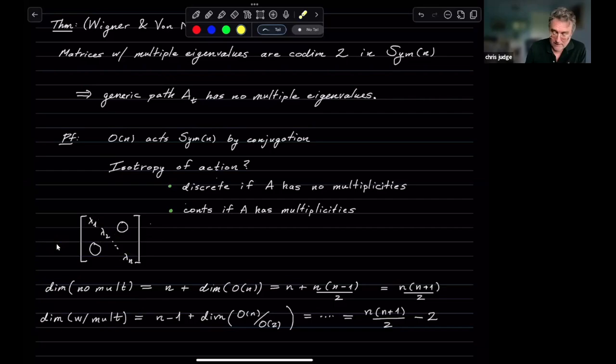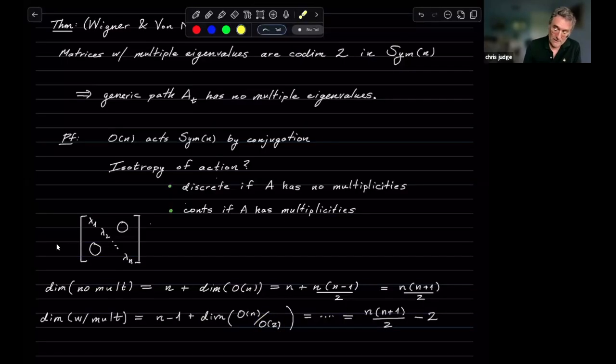The action of conjugation is free on those, so you just add the dimension of O of n, and if you calculate that out, you get what you usually get for the dimension of the symmetric matrices. But if you have some multiplicities, then you're going to have to mod out by a stabilizer.